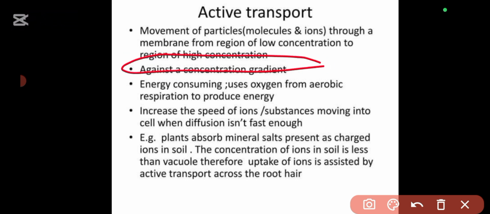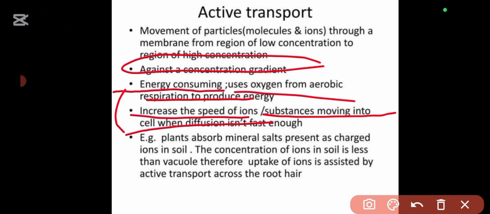It is energy consuming and uses energy from aerobic respiration, ATP. Then it increases the speed of ions and substances moving into the cell when diffusion is not fast enough.